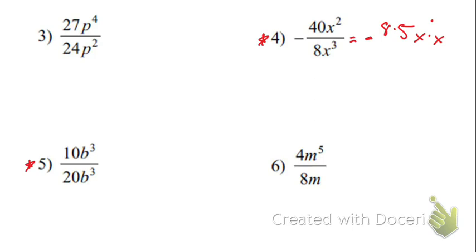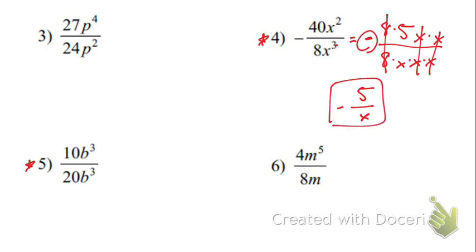All right, now that's the numerator. The denominator is 8 times x times x times x, because we have 3 of them there. So then the 8's are going to go away. Those x's go away, and I'm left with 5 over x. But I have to remember that negative. So that's why that stays.